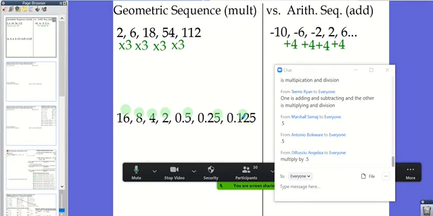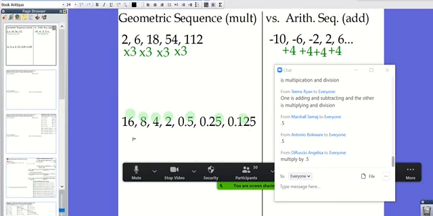Multiplying by 0.5 right there. Exactly, times 0.5, that's right.